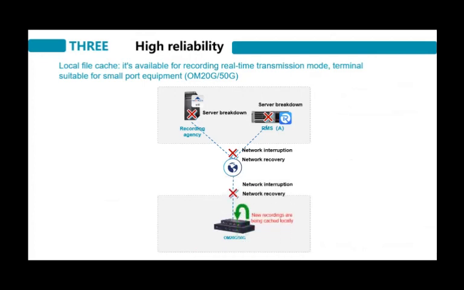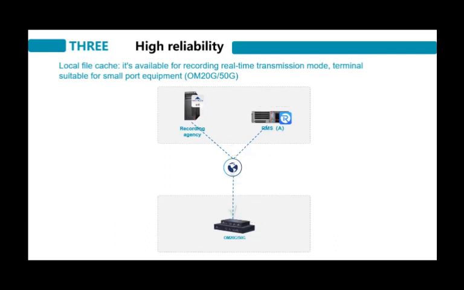Local recordings are being cached locally. So there's no problem of, if the internet is lost, how can we retrieve our recordings? Don't worry, because all the new recordings are being cached locally, so you don't lose any recordings at all. Once online, all the cached recordings are downloaded automatically to the recording agent or recording management system.